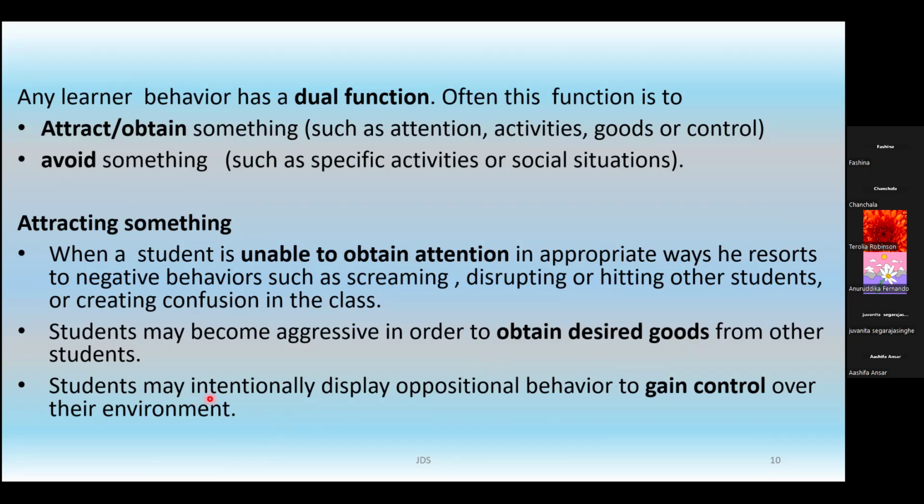Third one, they may intentionally display oppositional behavior to gain control, to dominate others, to dominate the environment in order to escape from a certain situation, or to get something, right? So if you put them in a group, they will dominate the other group members in order to become famous.